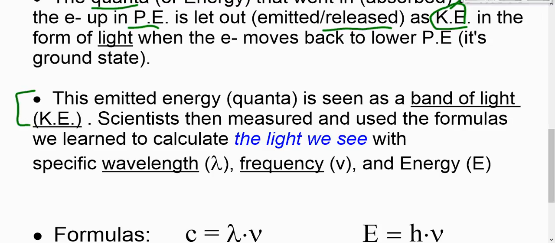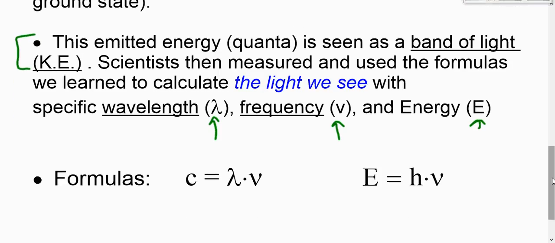And scientists can then measure, and we can calculate, each light, which we've already been doing, the wavelength, frequency, and energy. And every single color of light in the rainbow from ROY G. BIV has its own unique wavelength, frequency, and energy. And that ties back into what we've been studying with these formulas, okay?